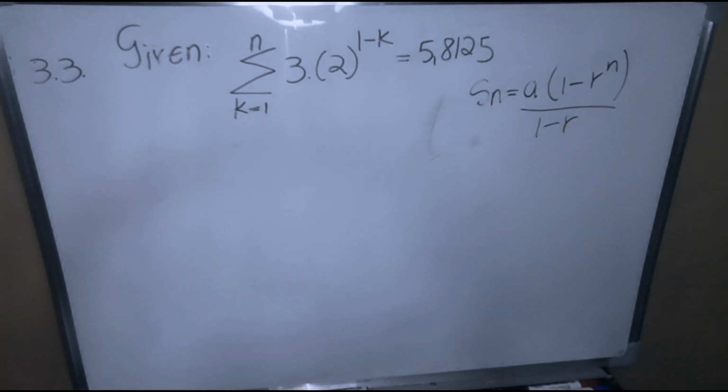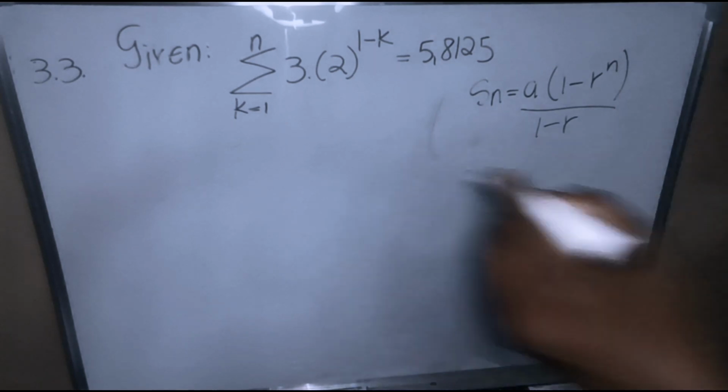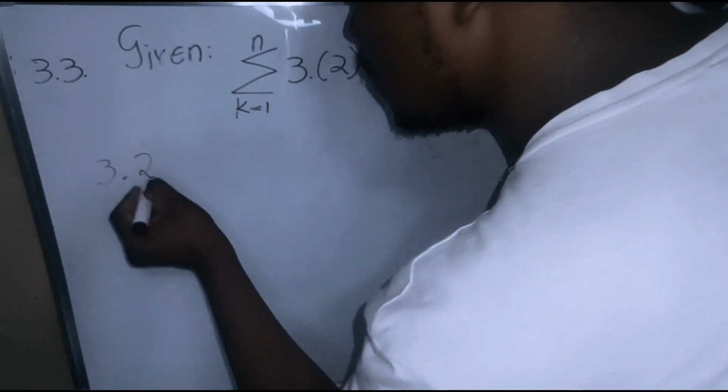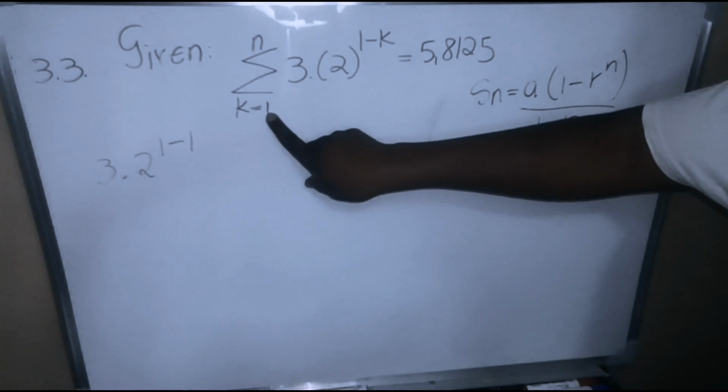Now, our aim here is to find the value of r. We don't know the value of r. We are going to use this formula to find it. We say 3 multiplied by 2 to the power 1 minus 1. I give a table, we start from 1.